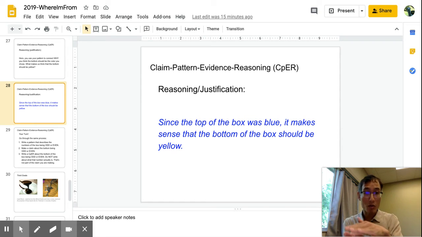And now I'm saying, well, this is why I think the bottom should be yellow, because the top was blue and that's the opposite side. And that's your CER. It's very structured. You're going to write a pattern and some evidence and make a claim on something else in this block now.